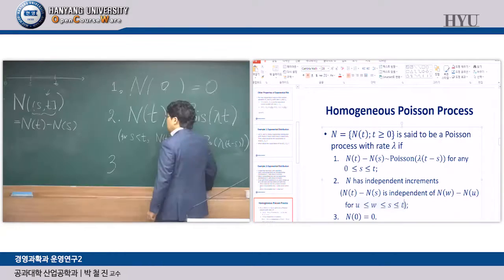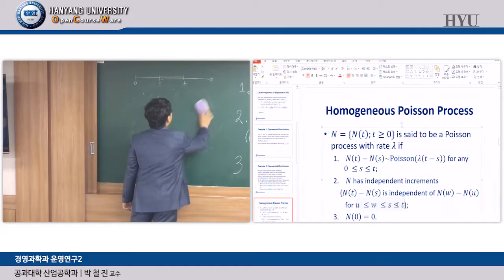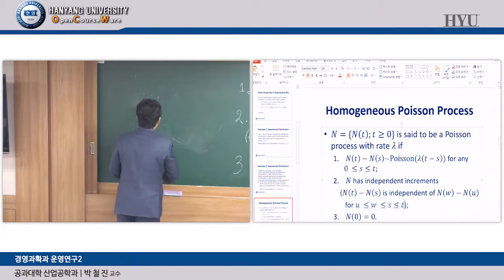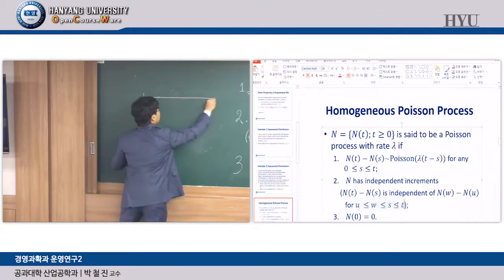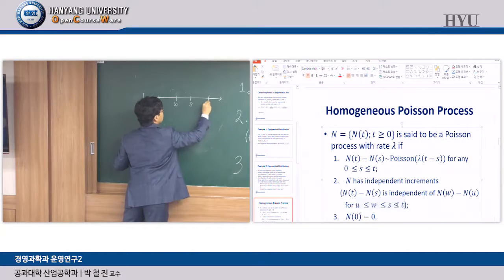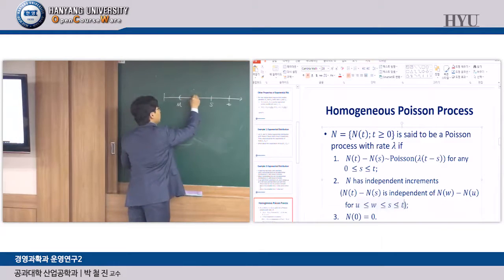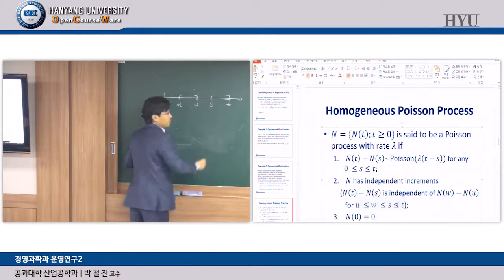So let's consider different time ranges, U to W and S to T, and there is no common area between this range and this range.